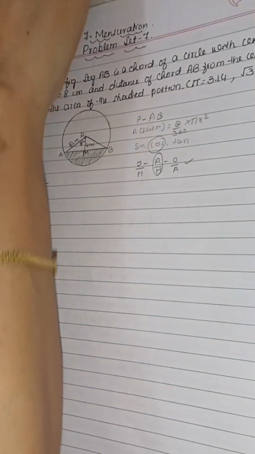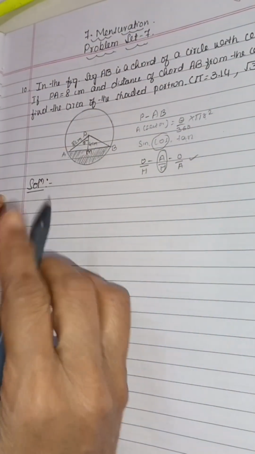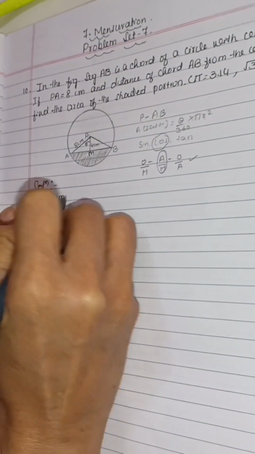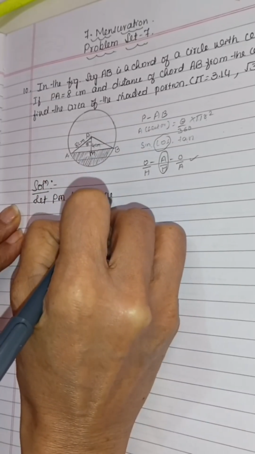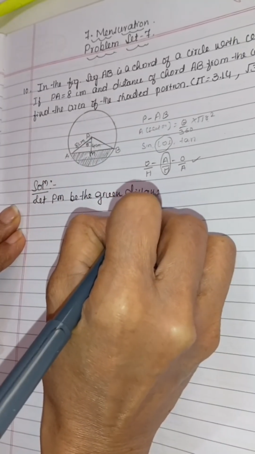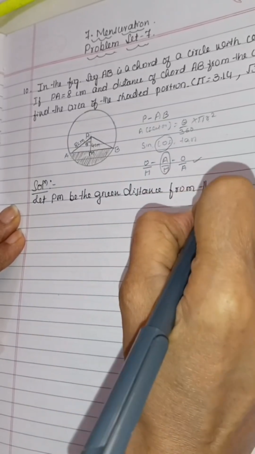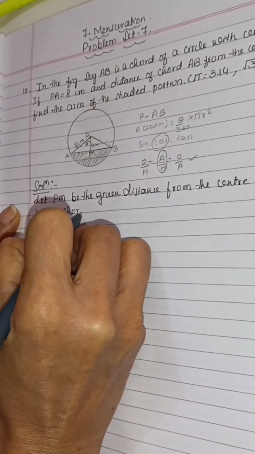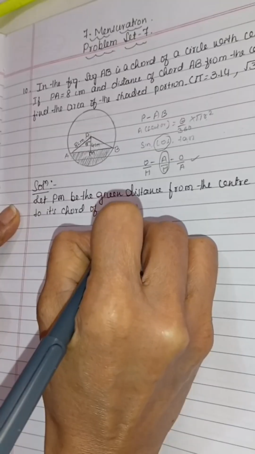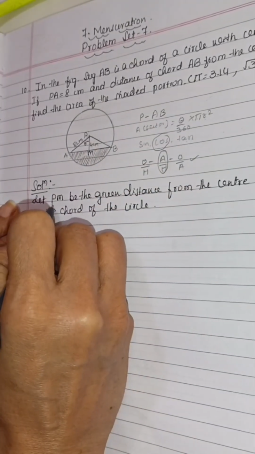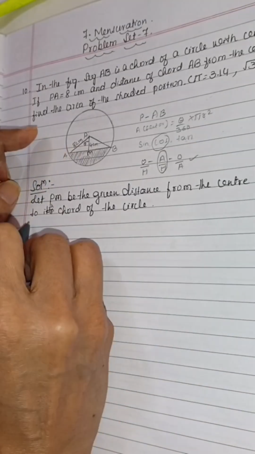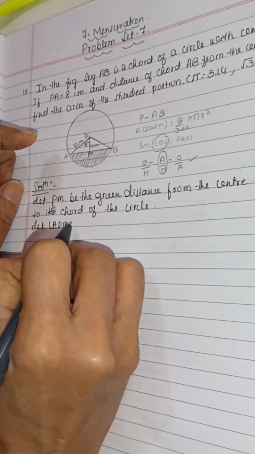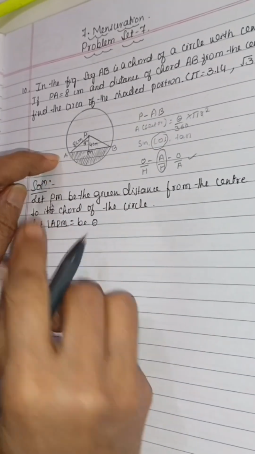In this way, by using a trigonometric ratio, we can find theta. So let PM be the given distance from the center to the chord of the circle. Let angle APM be theta.